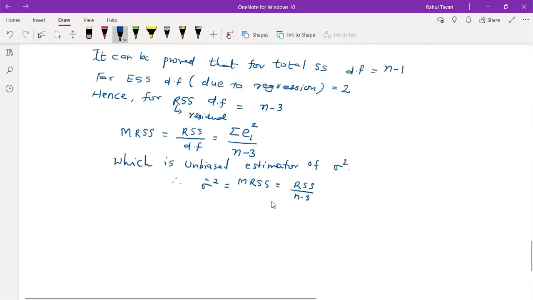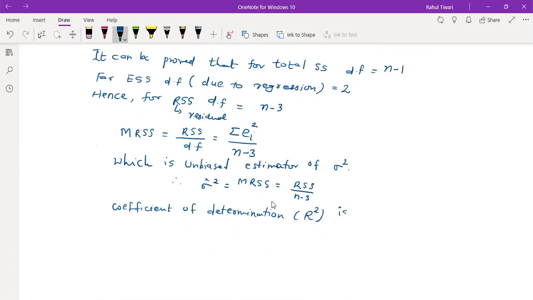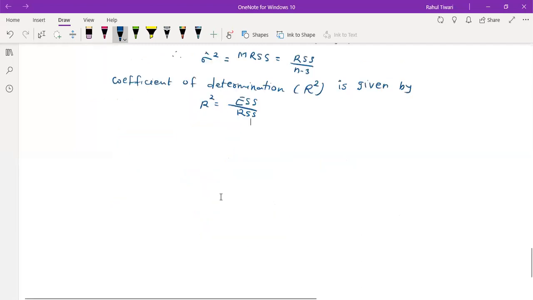Now what will be the coefficient of determination, which we call R square, given by? What is the value of R square? It is ESS upon TSS. Right?